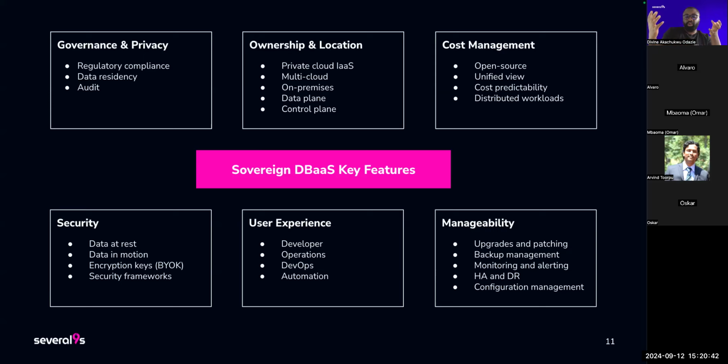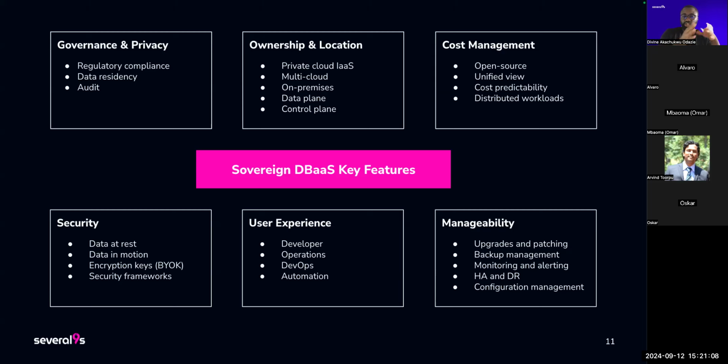To give an example, the Sovereign DBaaS provider will offer encryption of data at rest and in motion, like using a VPN, by default, for example. However, for access and configurations, you bring your own keys. And as a result, as a Sovereign DBaaS user, you manage all the key aspects of your security.